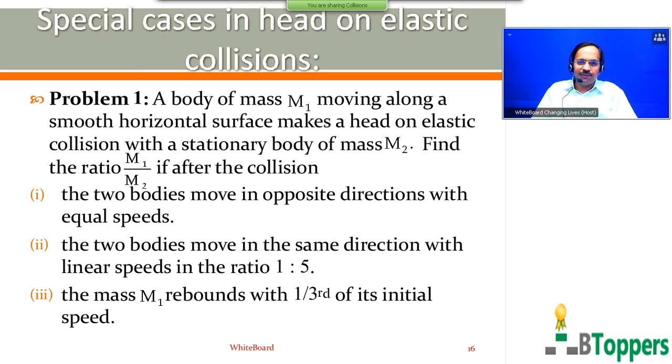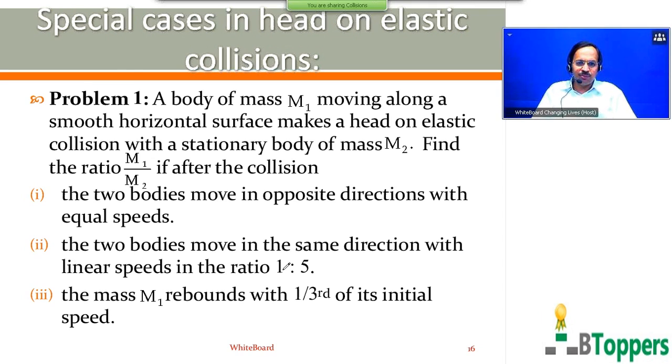Body of mass m1 moving along a smooth horizontal surface makes a head-on elastic collision with a stationary body of mass m2. Find the ratio m1 by m2 if after the collision: first part of the question, the two bodies move in opposite directions with equal speeds.